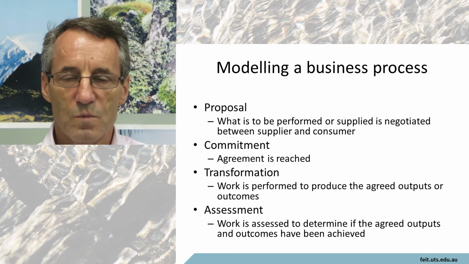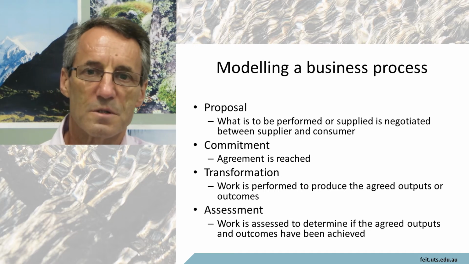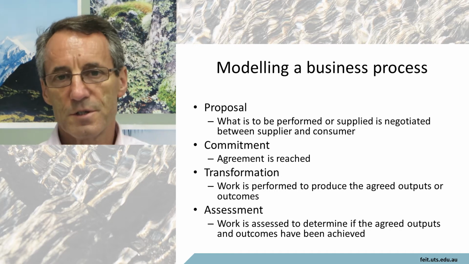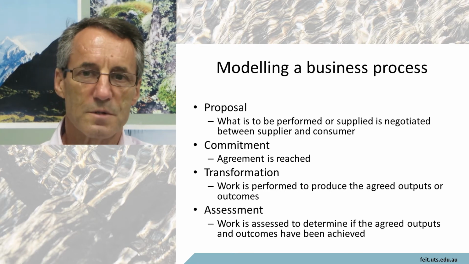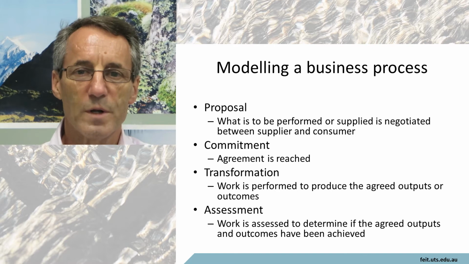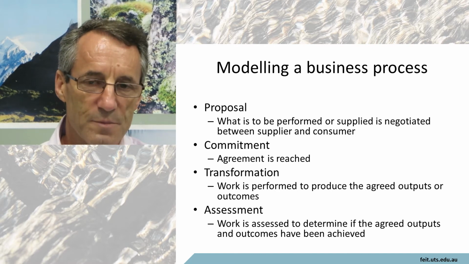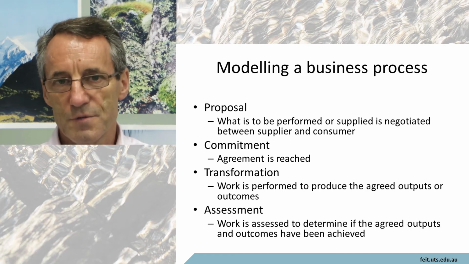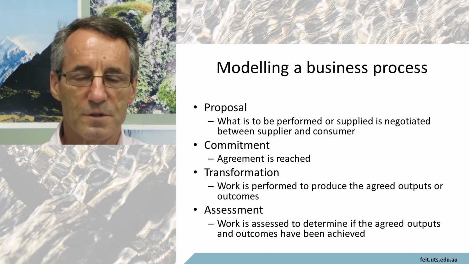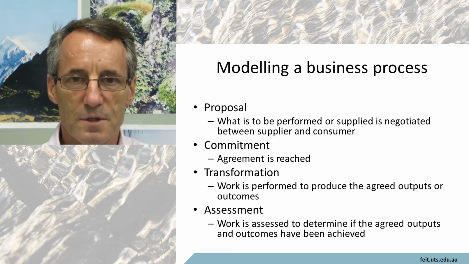Once it's agreed what is to be done and the quality levels, for example, to which it's to be done, then you actually do it. So now you do all the transformation processes and whatever activities and transformations you need to do. The last and most important thing that has to happen is you have to have some way of knowing that you're done, that you're finished, that you can stop, that you can cease this process.